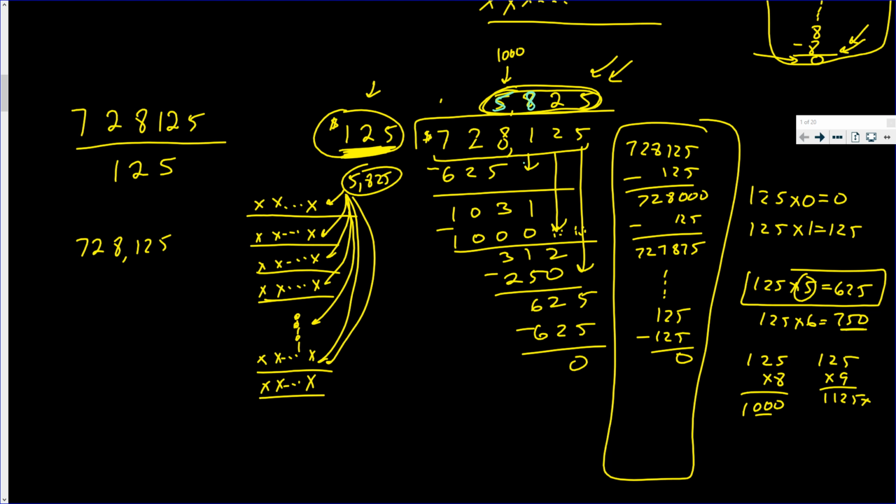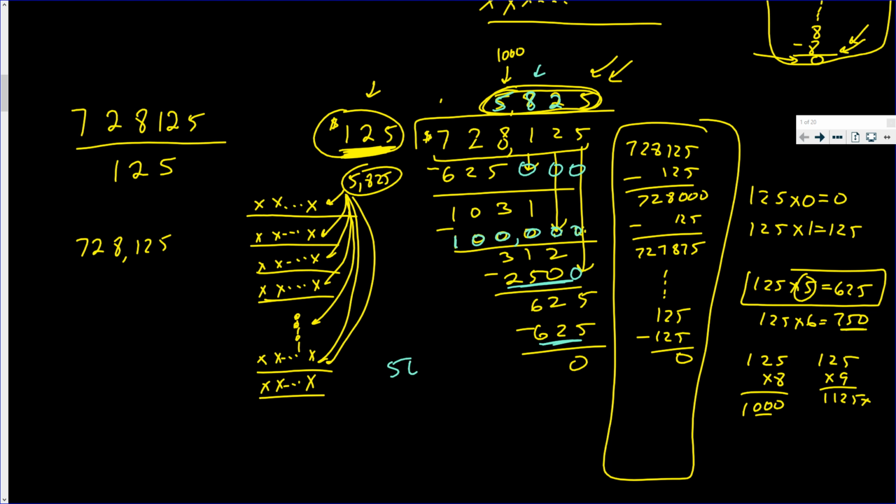There it is, 625,000. Then I took away 800 125s. That was this number, 100,000. Then I took away 20 125s. That was 2,500. And then I took away 5 more.